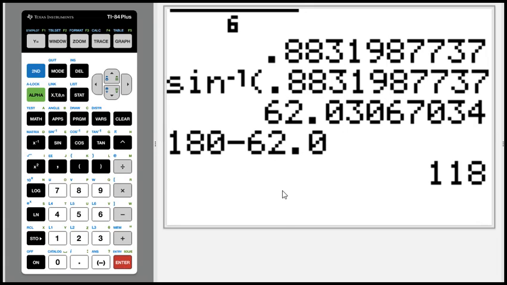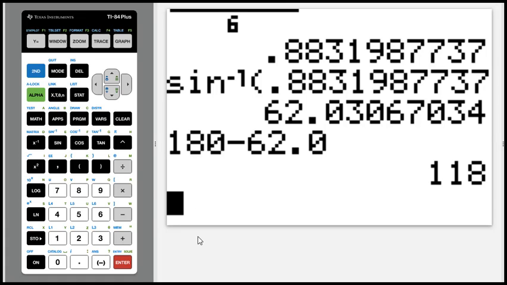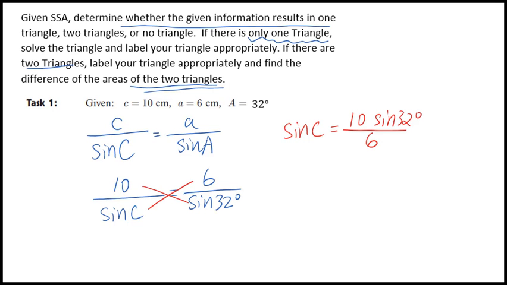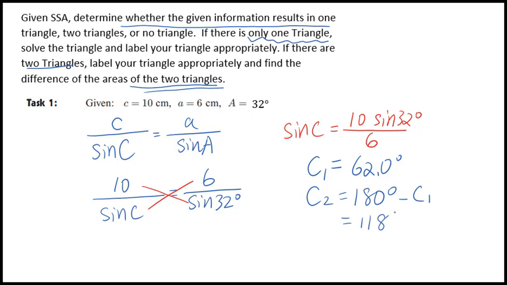You will get 118 degrees. So we can write down over here that C1 equals 62.0 degrees. For C2, we will get 180 degrees minus C1 equals 118 degrees.